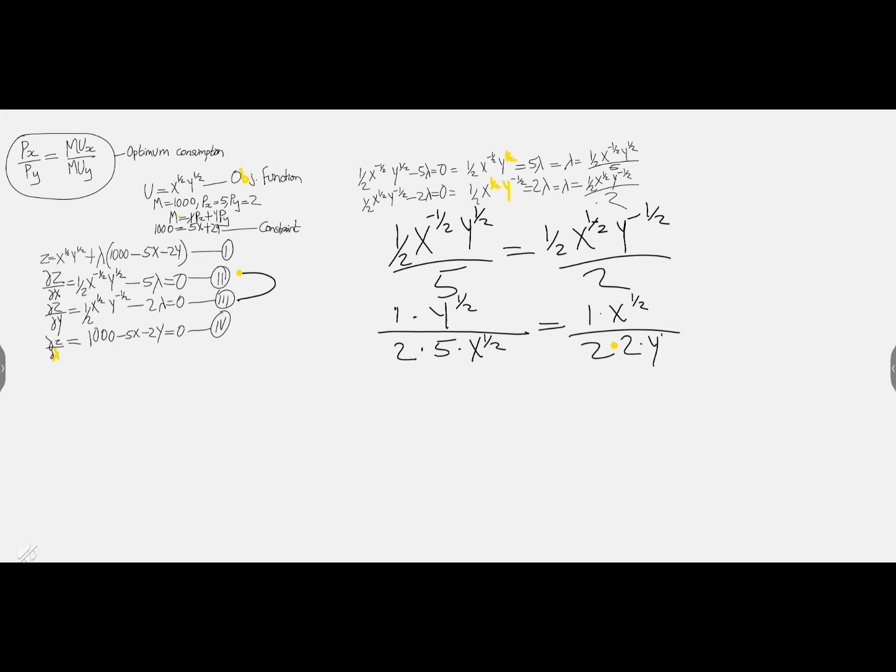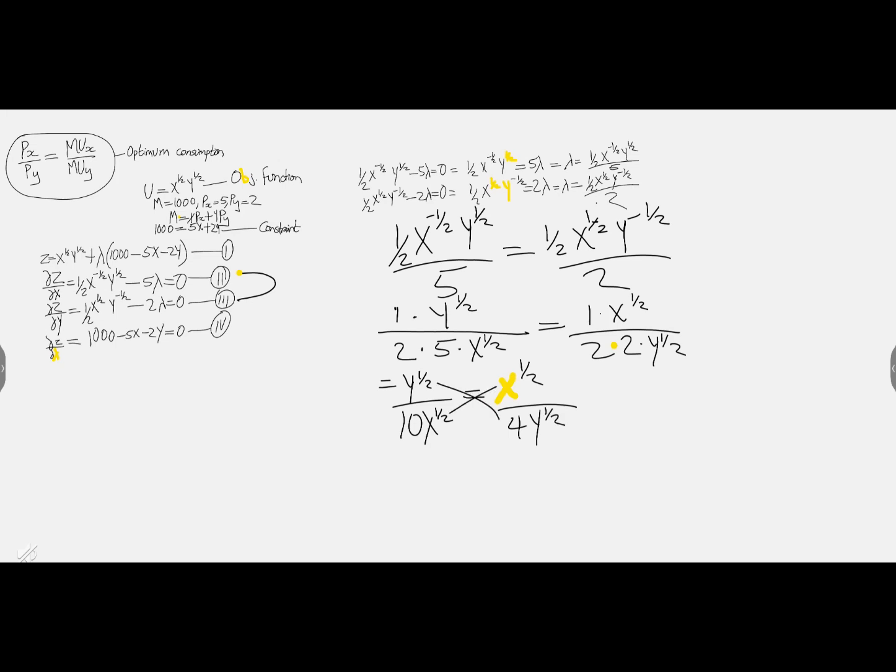So that's y raised to power half over 10 x raised to power half equal x raised to power half over 4y raised to power half. So you cross multiply.